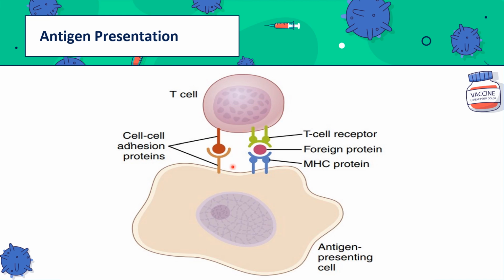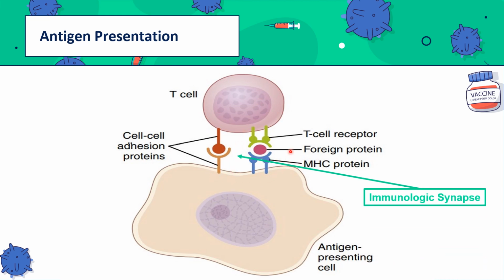For the activation of the T cell, adhesion proteins are also required, apart from the binding of the T cell receptor and the MHC antigen complex. The junction between the T cell and the antigen presenting cell is called the immunological synapse.